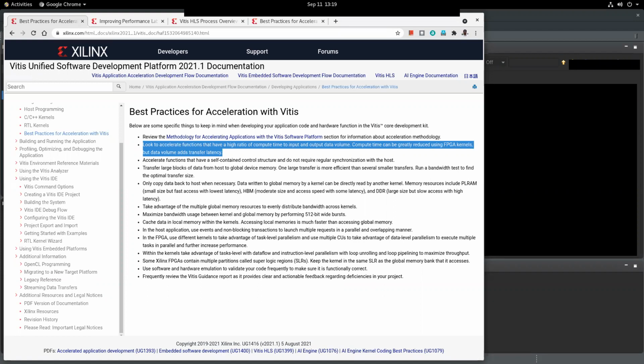You will be able to get application performance gains easily if the application is compute bound rather than memory bound. If it is compute bound, then the compute time to input and data volume ratio will be very high. In the case of vector add, it is 1:3. It is pretty bad.